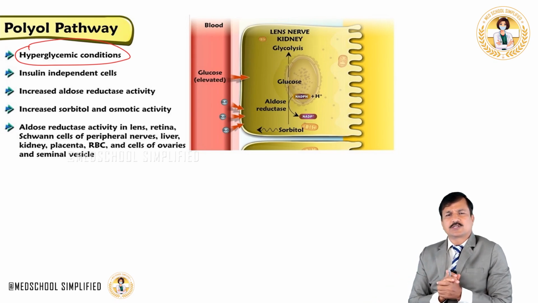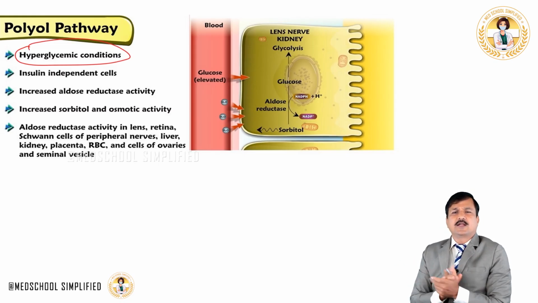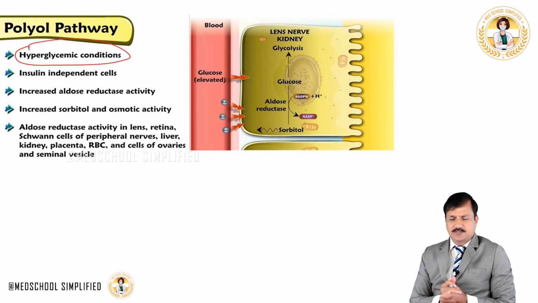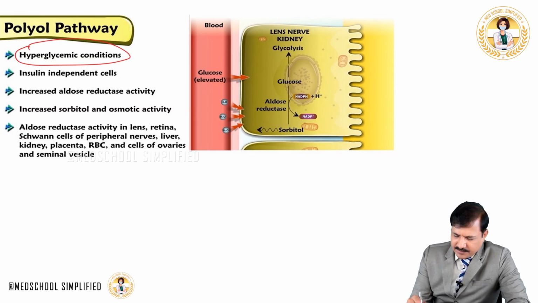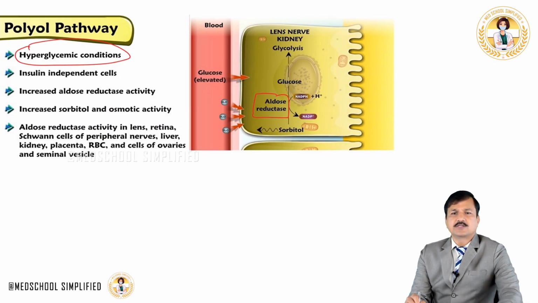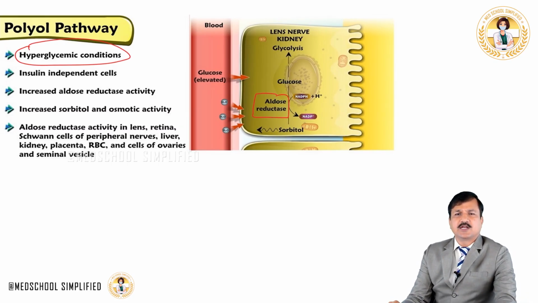Although some of the glucose can go into glycolysis, the extra glucose will be diverted into the formation of a molecule called sorbitol. The sorbitol formation is done by an enzyme called aldose reductase. This aldose reductase enzyme is a general enzyme.